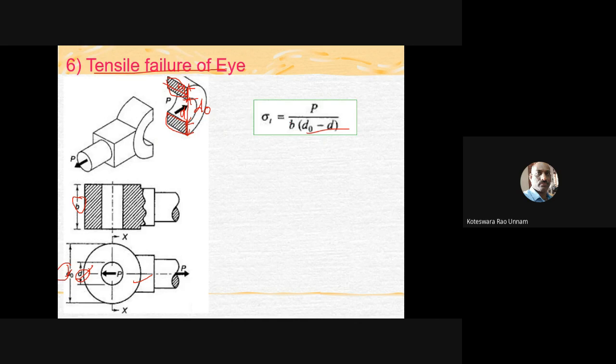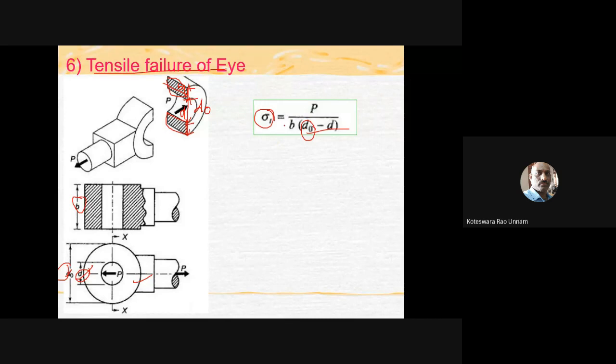So b into D naught minus d is the area which is resisting this tensile failure. If you divide P by b into D naught minus d, you get the tensile stress. We know the allowable tensile stress, so from this equation you can find out the D naught value.